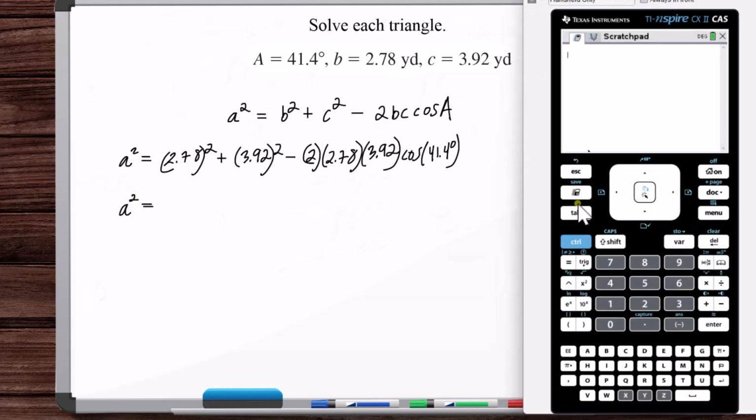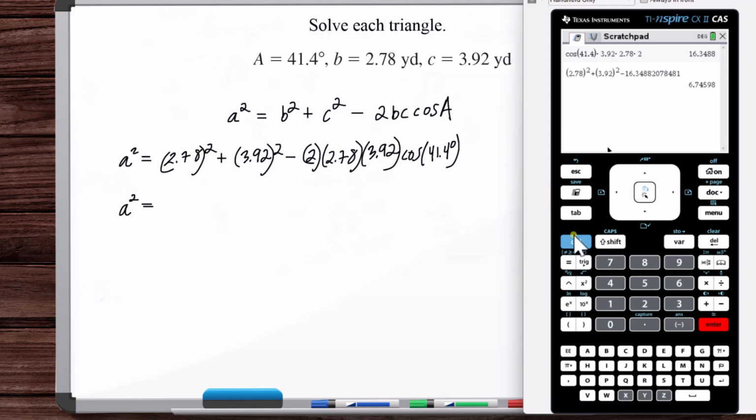So let's see. We're in degree mode. Cosine of 41.4 times 3.92 times 2.78 times 2. Okay, and then 2.78 squared plus 3.92 squared, and then you subtract that from this.